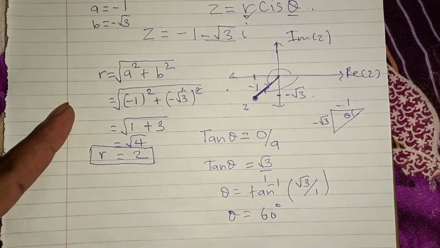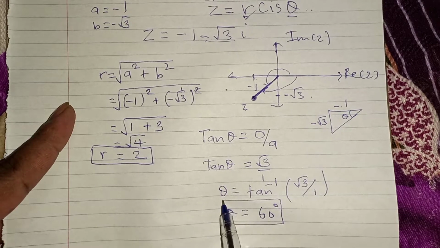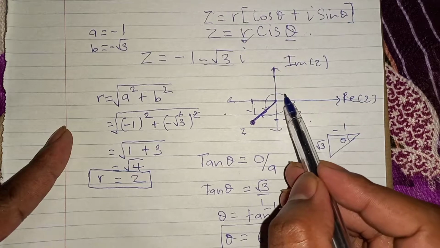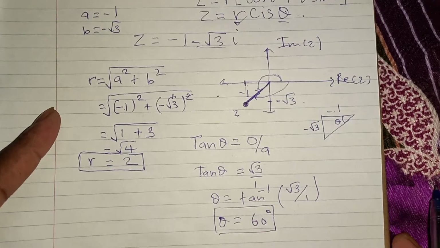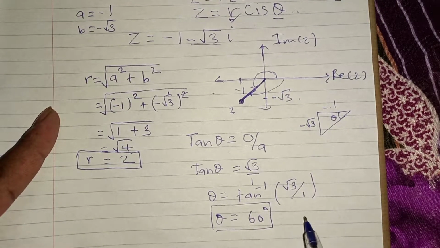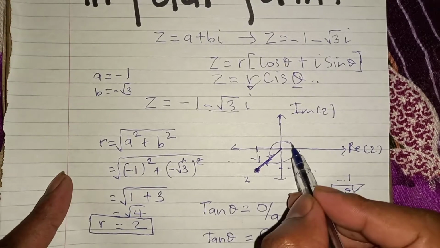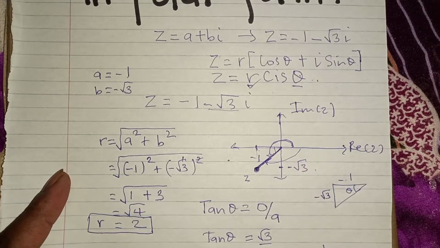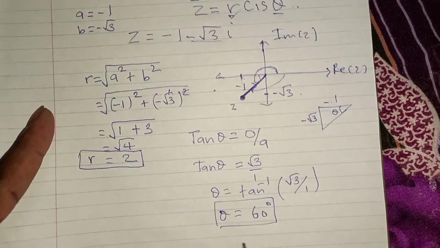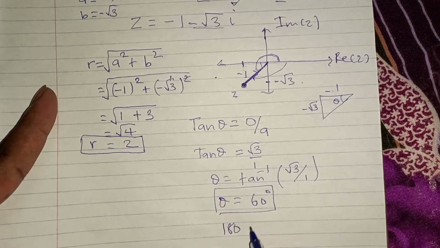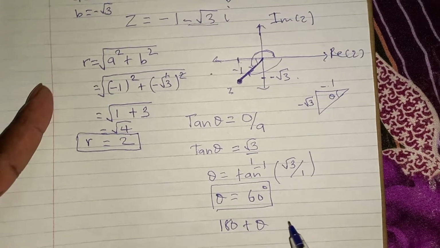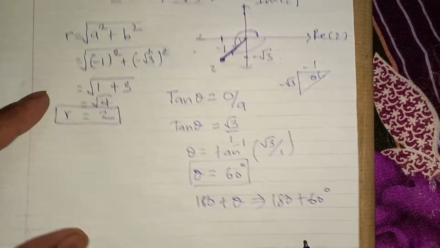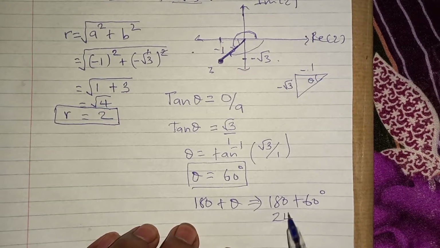But this is not the theta that we are talking about. We need the theta from the positive real axis. So what we are going to do is add 180 degrees to that, because from here to here is 180, and this is the part that we have found. So we'll say 180 plus theta, which is 180 plus 60 degrees. 180 plus 60 is 240 degrees.